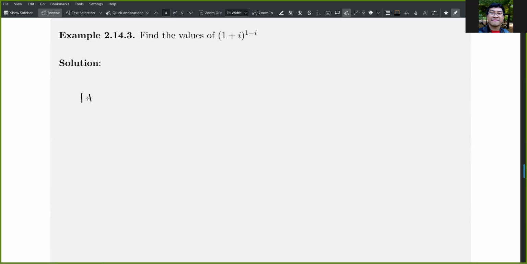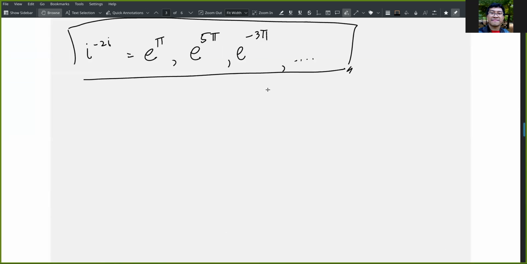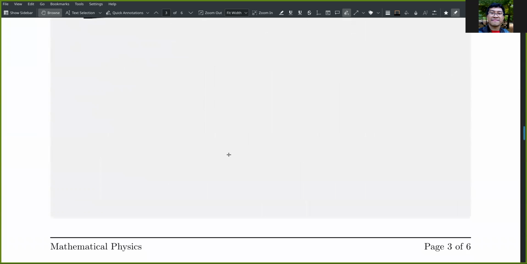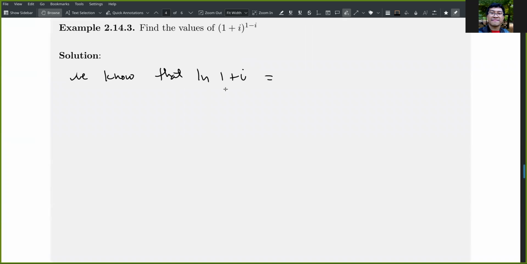So from our equation, we need ln of 1 plus i, so let's return to our previous example. ln of 1 plus i is ln square root of 2 plus i pi over 4 plus minus 2n pi.